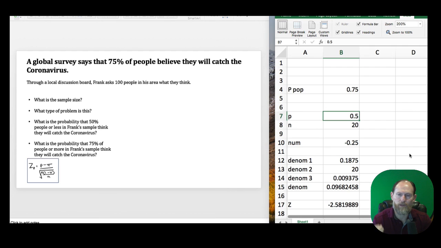Again, the main points, this is how to build a mini model in Excel so that you can solve a problem like this or other problems that look like this. It doesn't have to be a population proportion problem. It could be a population mean. It could be a single value X problem, okay?